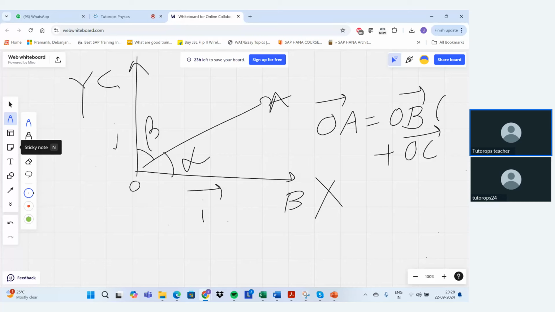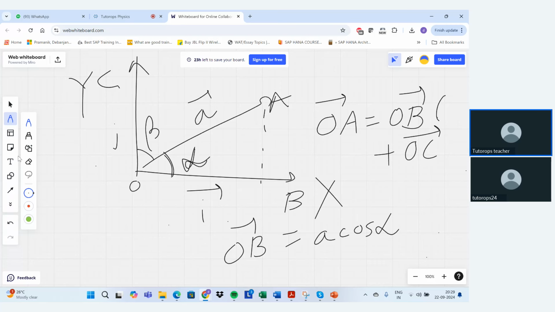If this is my resultant vector A, we can write OB is equal to A cos alpha. Because if this is my alpha, this is my A, what would be the OB? Same concept, this is mathematics, nothing different. So this will be A cos alpha.